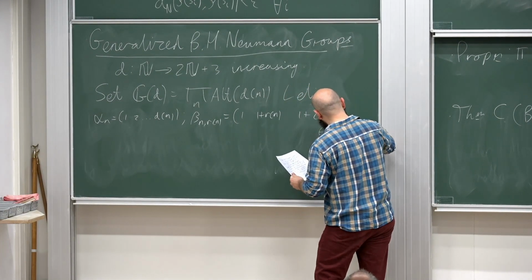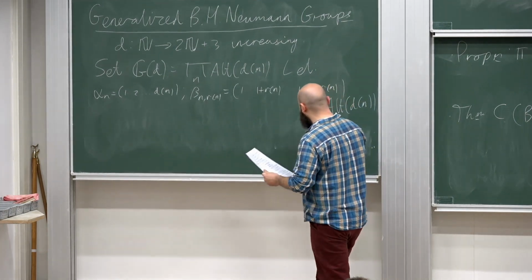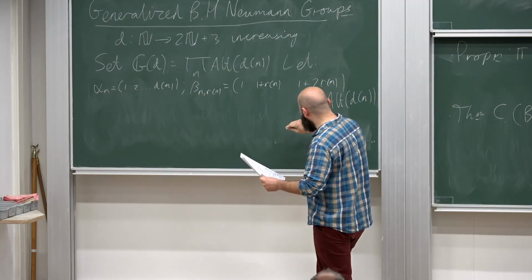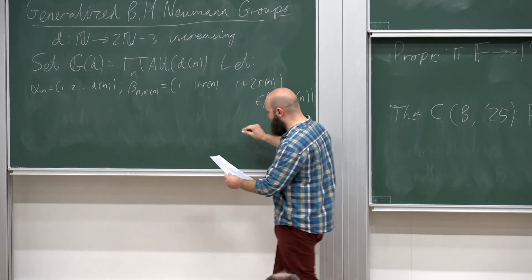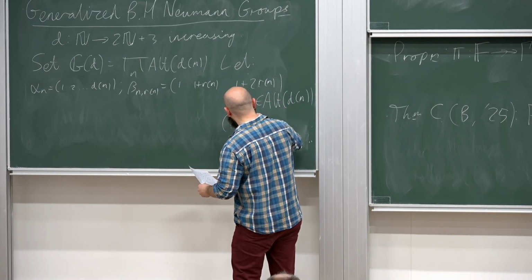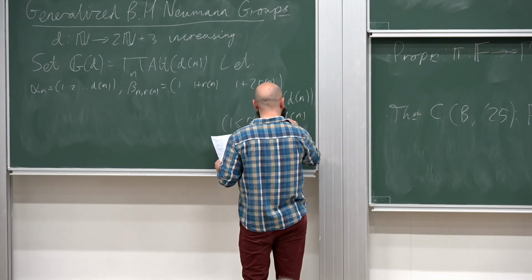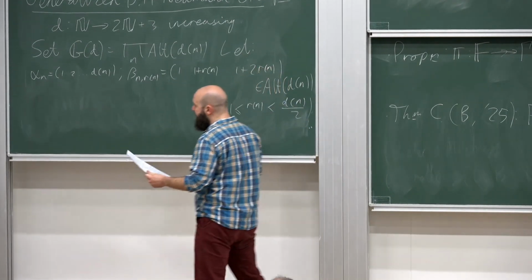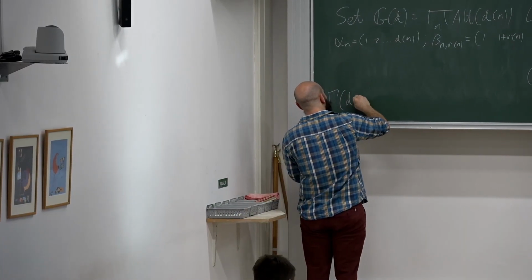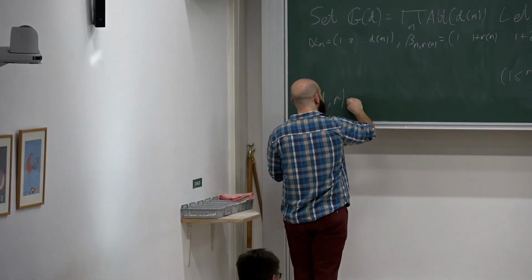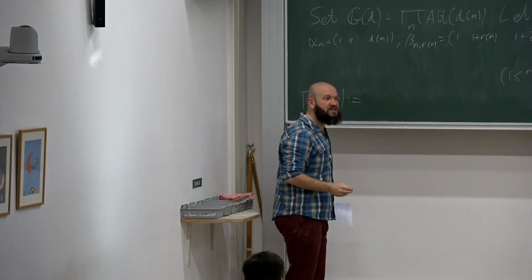So these are elements of my alternating group. I want Rn to be less than dn over 2. And I define my generalized BH-Neumann group, depending on these two functions d and r, so gamma of d, r, to be the subgroup of G d generated by the two sequences alpha and beta.